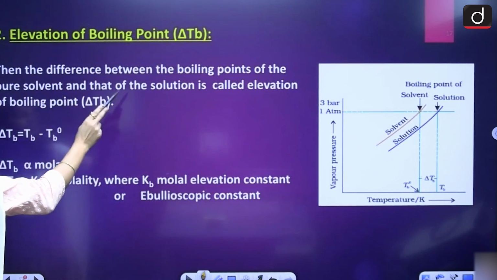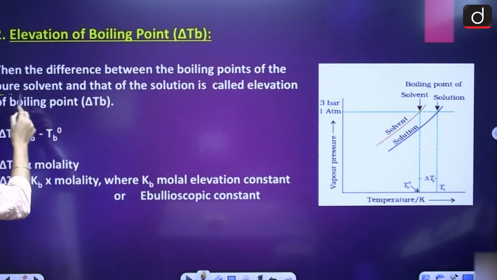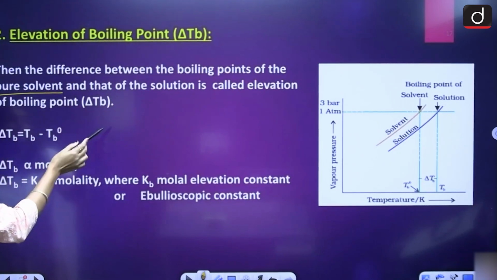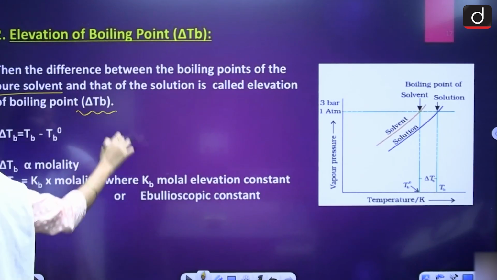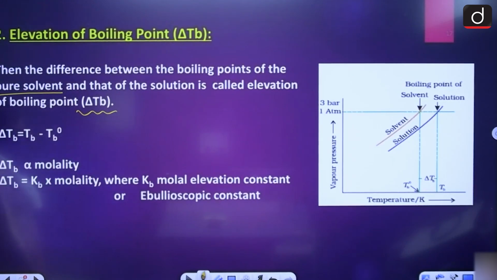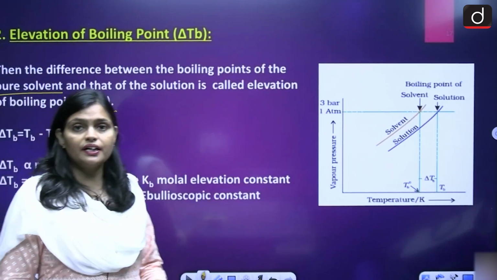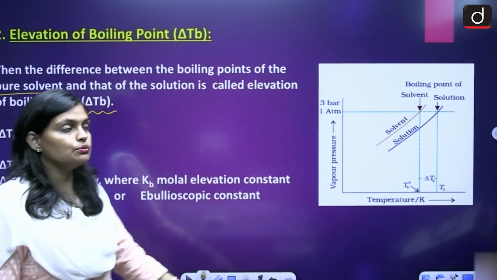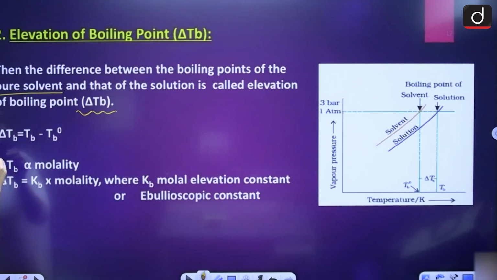The difference between the boiling point of the pure solvent and the solution is called elevation in boiling point, which is represented by delta Tb. So delta Tb is basically the change in the boiling point, the difference between the boiling point of the solvent and the solution. Delta Tb is Tb minus Tb naught.